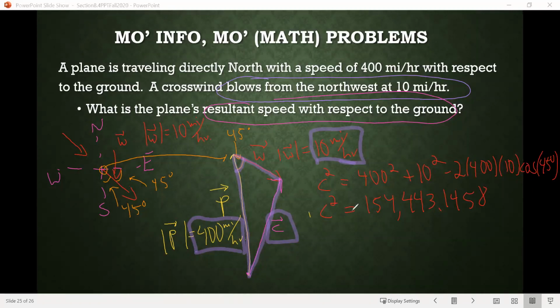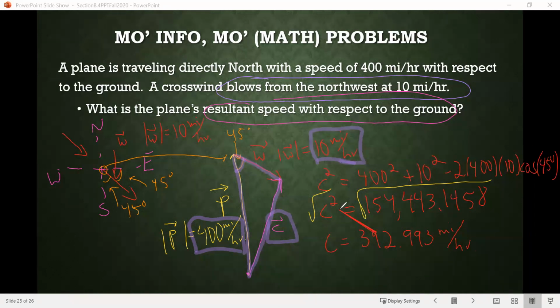You can take the square root on both sides to solve for C. When we plug it into our calculators, we end up with C equals 392.993 miles per hour. So the resultant velocity ends up being 392.993 miles per hour.